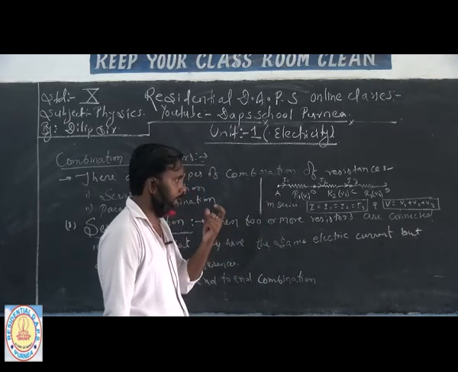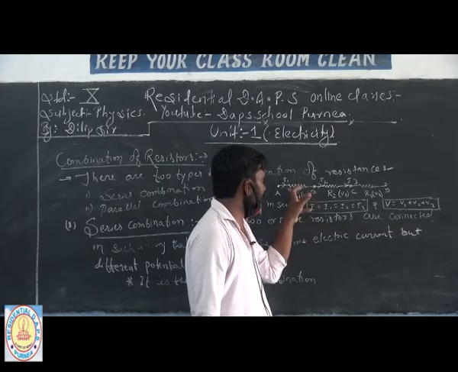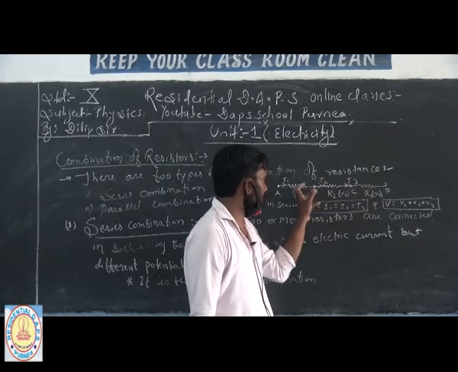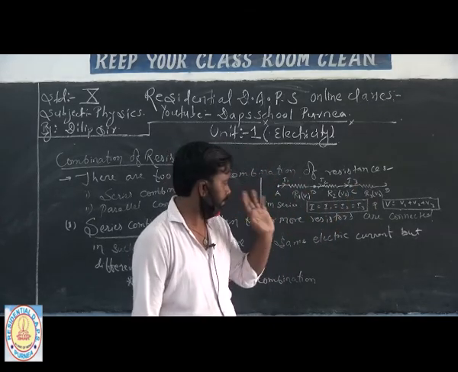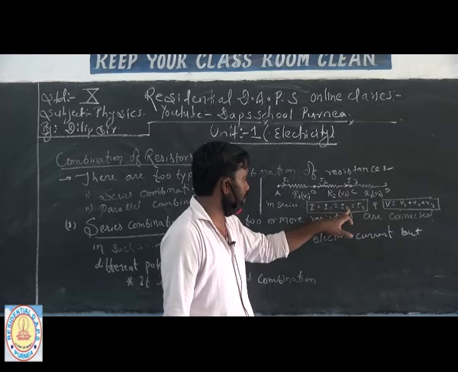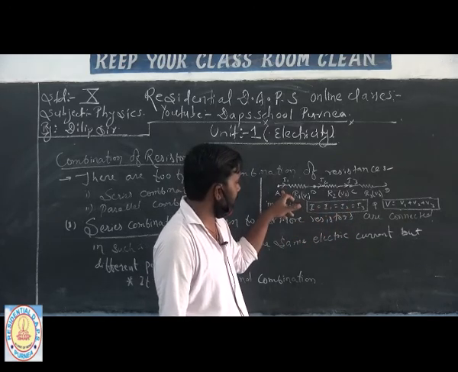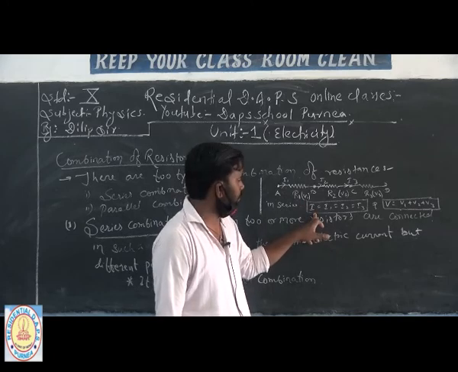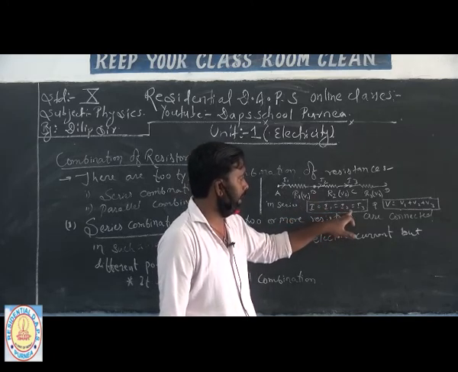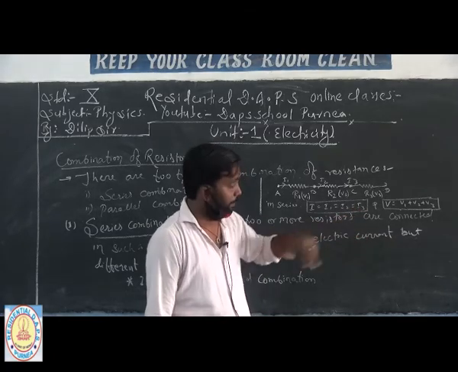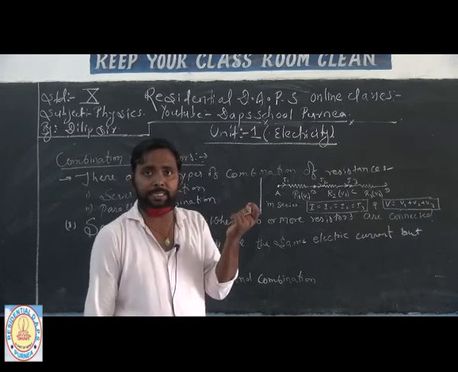We have to keep in mind that in series combination, the electric current passing through the different resistors is the same, and it is equal to the current passing through the circuit. If the current through the circuit is I, then I equals I1 equals I2 equals I3. But as we told you earlier, the potential differences are different.